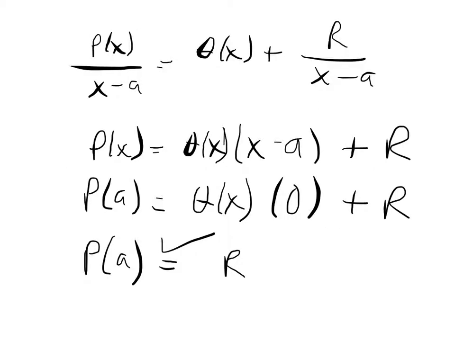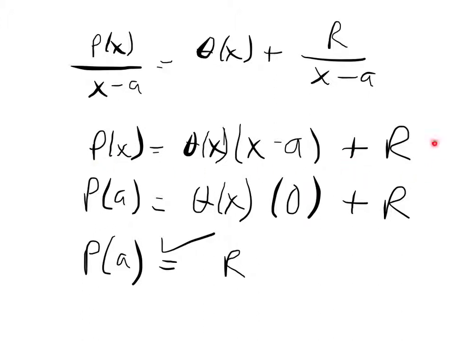Now, let's see why the remainder theorem works, why indeed p of a is my remainder. Suppose I've done my long division, some polynomial divided by linear factor x minus a, and I get some other polynomial q of x plus a remainder over x minus a. If I multiply both sides by x minus a, I'm going to get p of x equals q of x times x minus a plus that remainder.